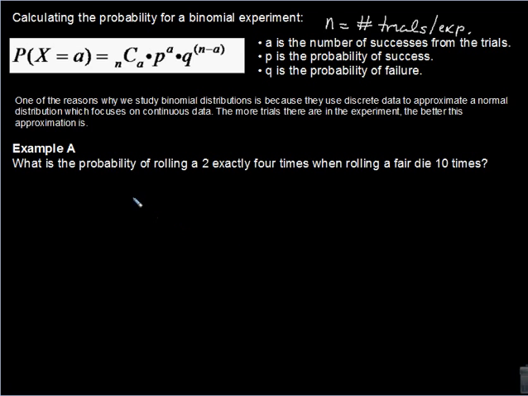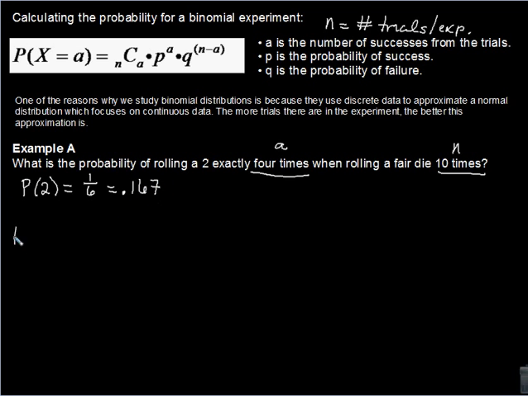So, like I said, we just did this. What is the probability of rolling a 2 exactly 4 times when rolling a die 10 times? Okay. Well, the probability of a 2, when you just roll it 1 time, is 1 out of 6, right? Because there's 6 sides. So that's 0.167, because we're rounding.